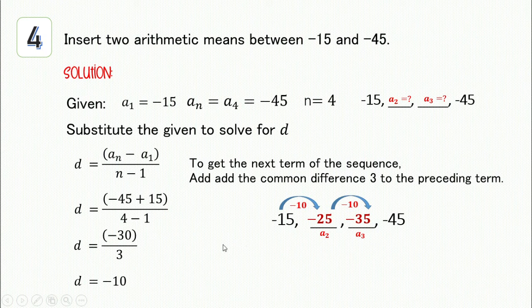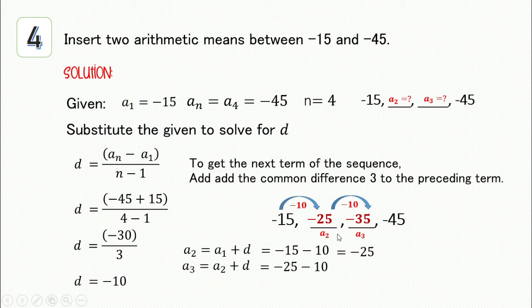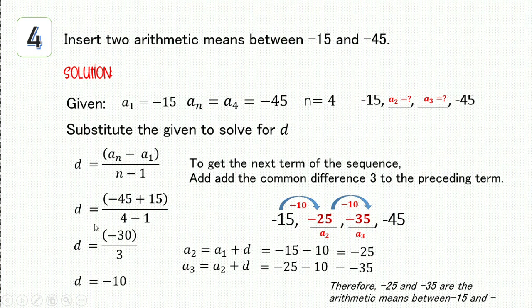And we can also calculate this one using the formula a sub 2 is equal to a sub 1 plus d. So, negative 15 minus 10 is negative 25. Para makuha natin yung a sub 3, add lang tayo ng negative 10 sa negative 25 and that is negative 35. So, therefore, yung dalawang arithmetic means between negative 15 and negative 45 are negative 25 and negative 35.